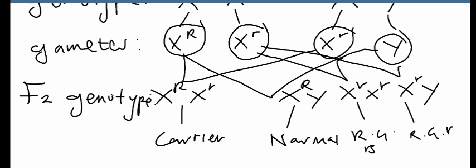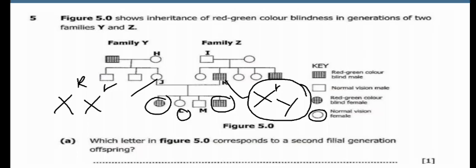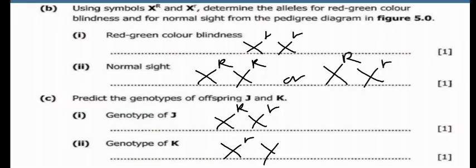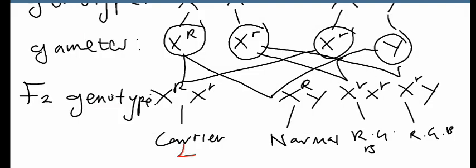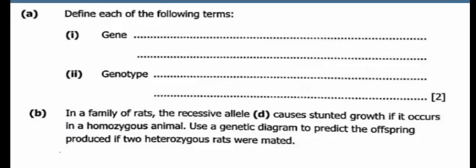Now, since they are saying we need to identify them as L and M, let's see. Is L the male or the female? According to what we have on the key, L is going to be the female, then M is going to be a male. So here this one is going to be L and this one is going to be M. That is how you are supposed to answer this question. Let's see the next question.